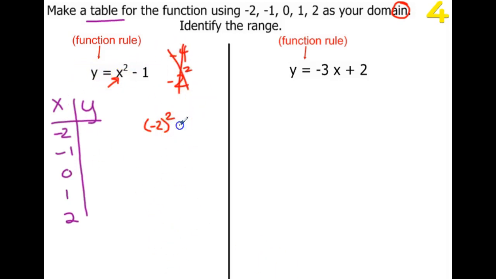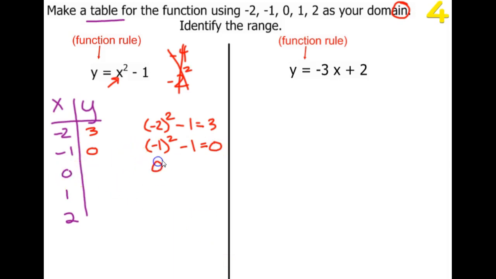So we have (-2) squared and then -1. Well, (-2) squared we just said was 4. 4 - 1 is 3. Same thing with plugging in a -1. It's -1 times -1, and then subtract 1. Well, -1 times -1 is +1. 1 minus 1 is 0.